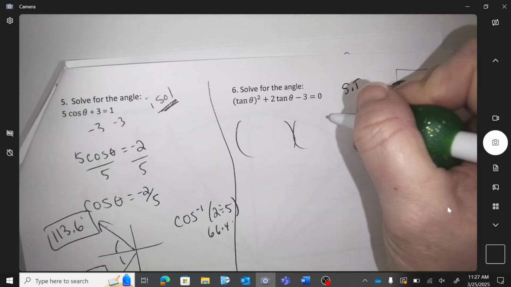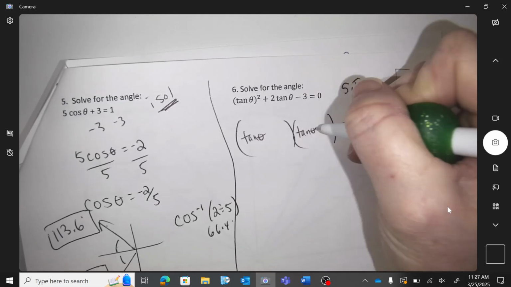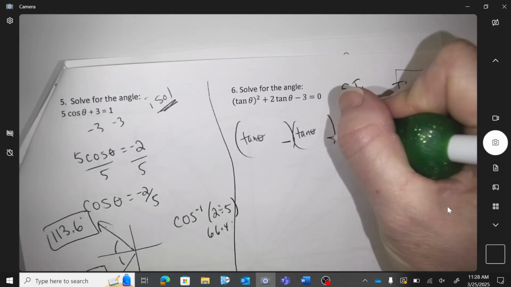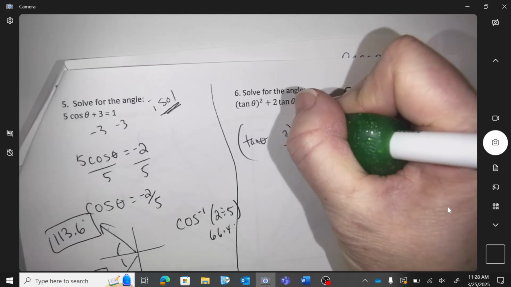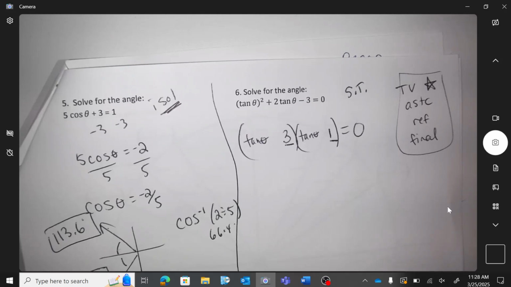So I need 2 brackets with a tan theta and a tan theta to make that tan theta squared. I need to multiply to 3, so 3 times 1. One of them is negative because it's a -3.